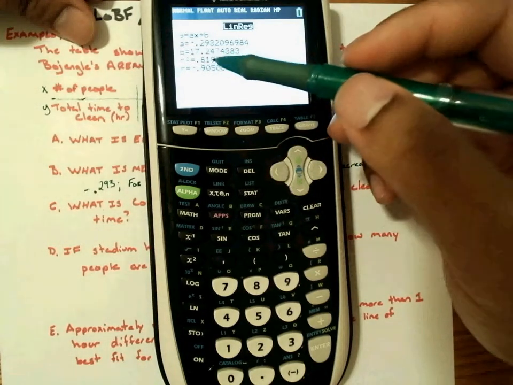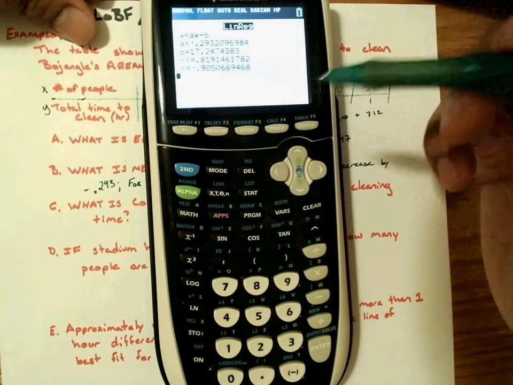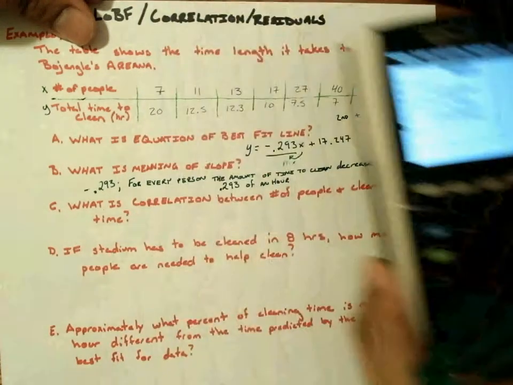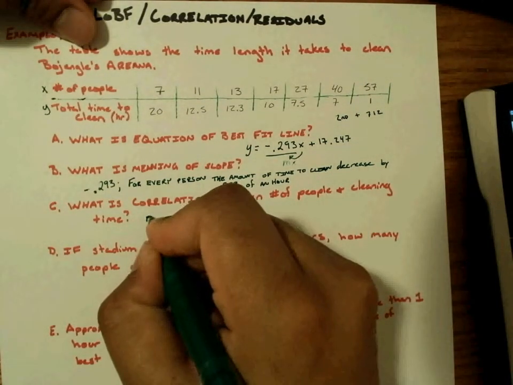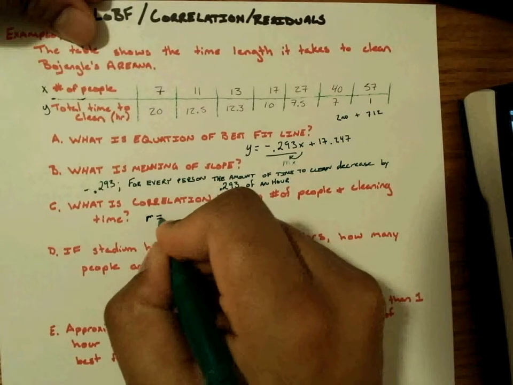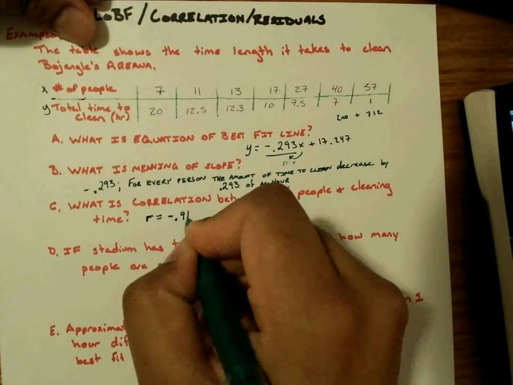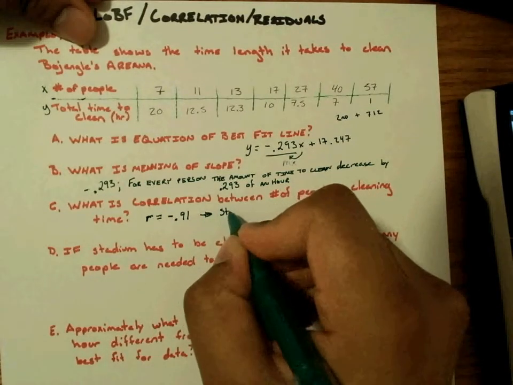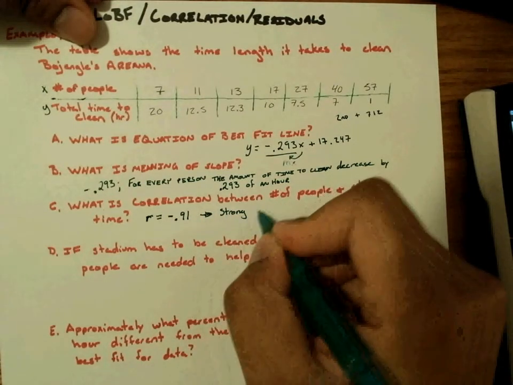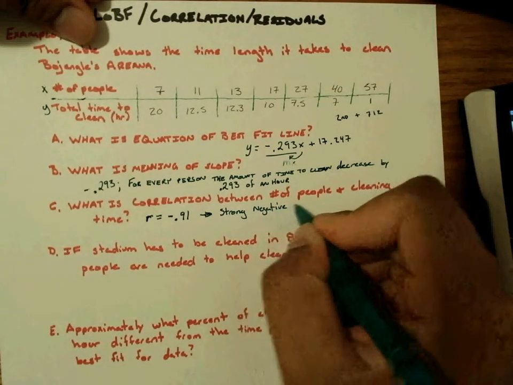Since it's negative, we call this a strong negative relationship. So r is negative 0.91. Therefore, we have a strong negative relationship.